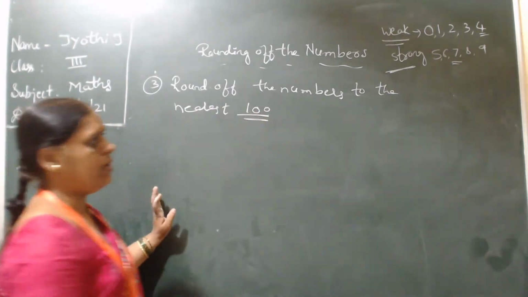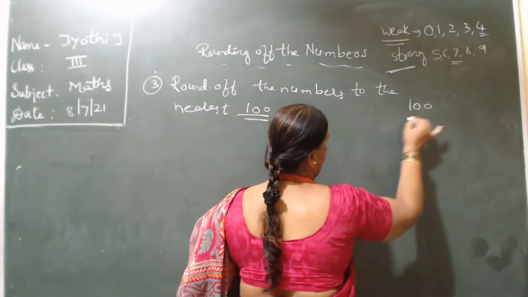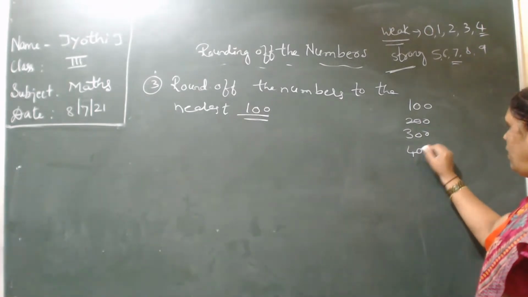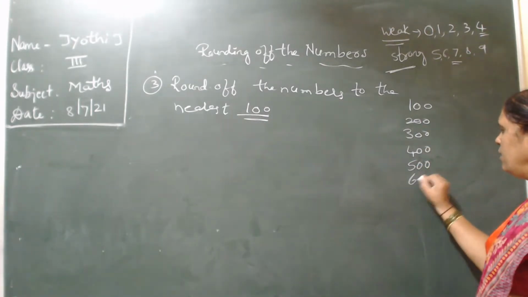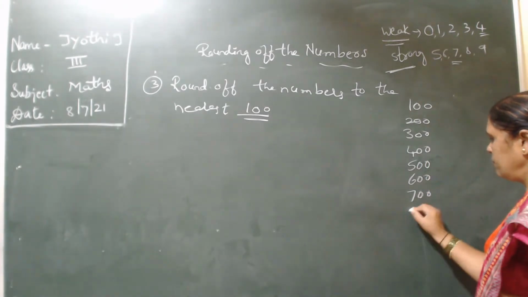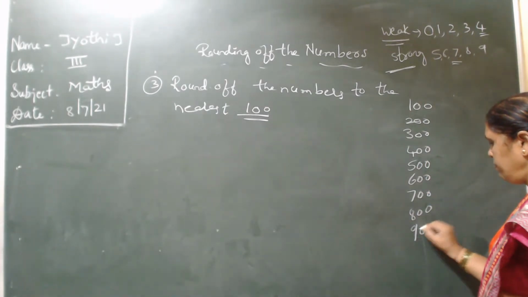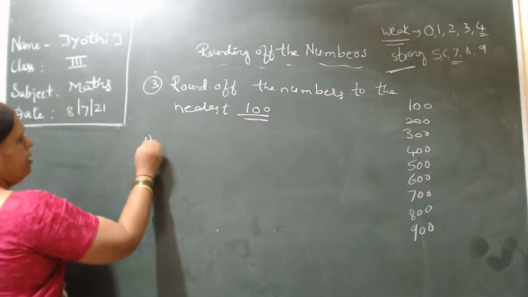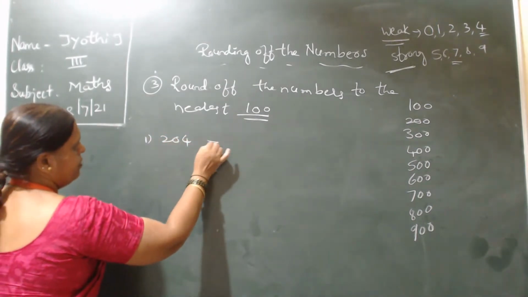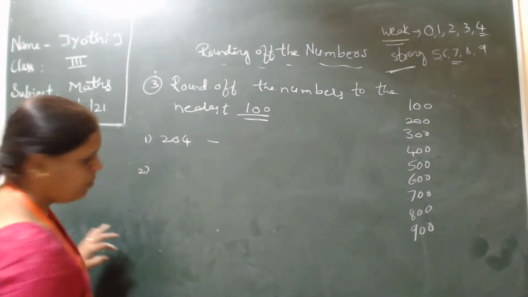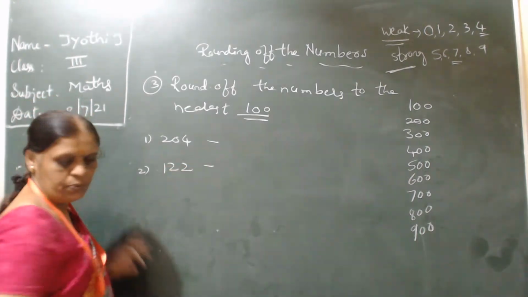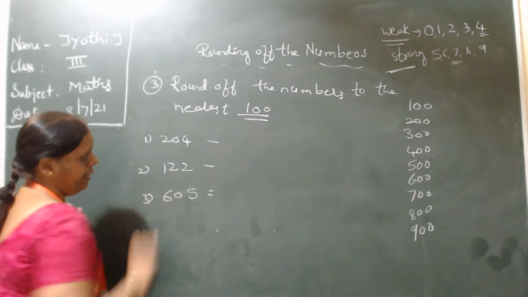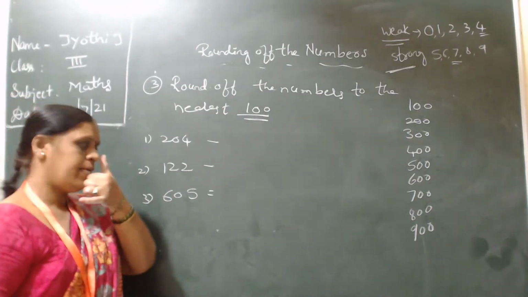So nearest 100, what hundreds should you get? Hundreds: 100, 200. So these are the numbers we can get after rounding. First one, 204. Second one, 122. Third one, 605. First we can solve these three.